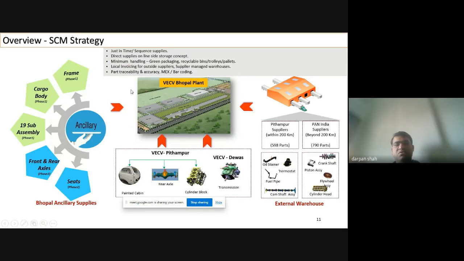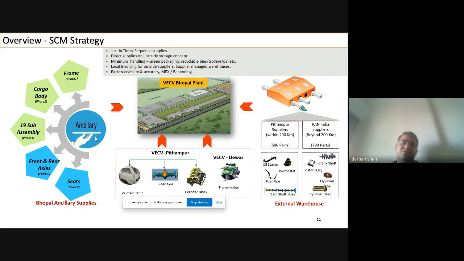Going forward, as you can see, this is where the main Bhopal plant comes into the picture. So this is just to depict that material flows from a lot of areas, basically. Like we have auto ancillaries. An ancillary is basically a tier 1 or tier 2 supplier that is situated just near the main assembly line. This is strategically decided to optimize the 7 wastes that we have discussed in the earlier slides.